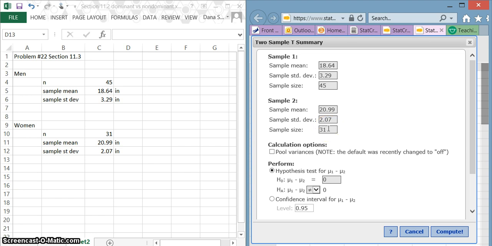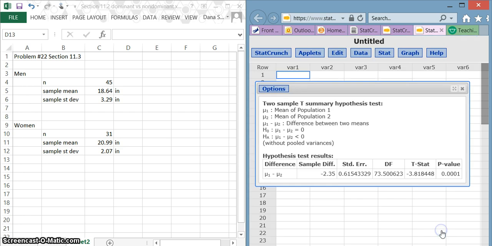So we're going to do a hypothesis test. We always say that there is no difference, and the alternative is that the difference, men minus women, is less than 0. I'm going to click on compute.